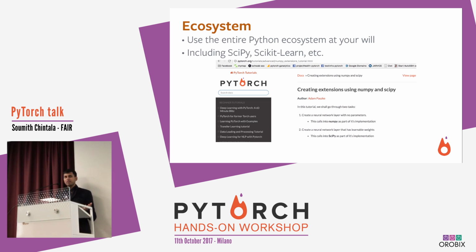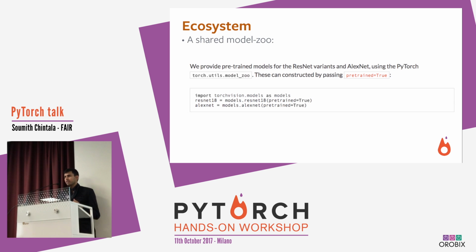The other thing we have is a shared model zoo. A lot of research these days is like, oh, we're going to start from this pre-trained neural network model, and then we're going to do some transfer learning, or we'll build on top of that to do some other task. And we have shared models across the community. As a small example, here's some state-of-the-art ResNet from the torchvision package.